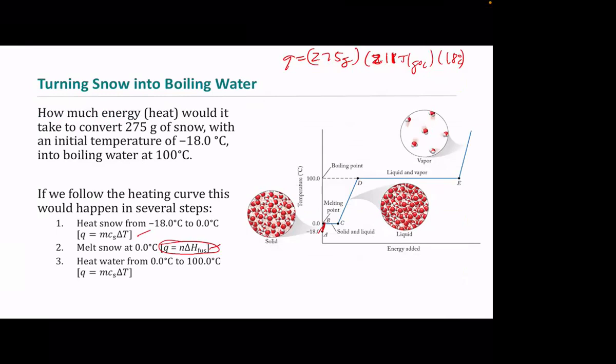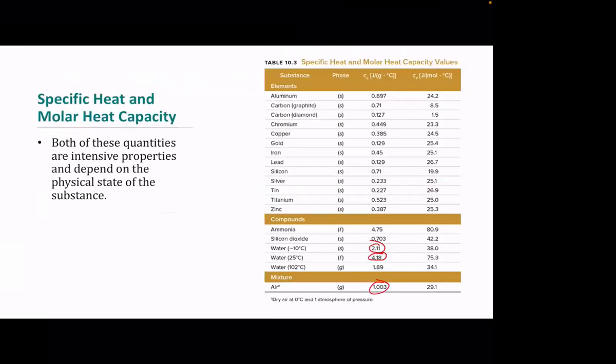And then you would use this equation again. So the second equation is Q is equal to, and moles, you have to convert it to moles. So it's the 275 divided by 18 grams per mole. And then the heat of fusion of water, which is back here.